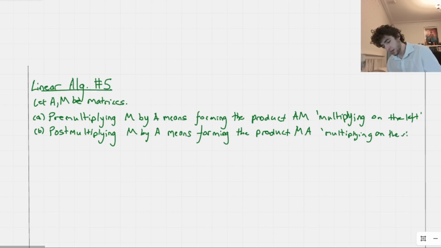The main idea is that you are aware that AM and MA, in the most general case, are not the same, because matrix multiplication is not commutative. Whenever you write about matrix multiplication, you need to specify in which direction you're multiplying M by A, either on the left or on the right.